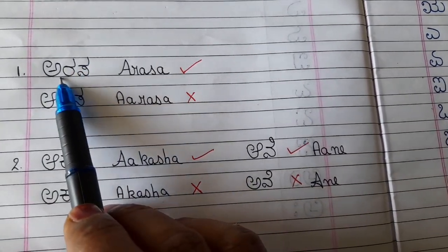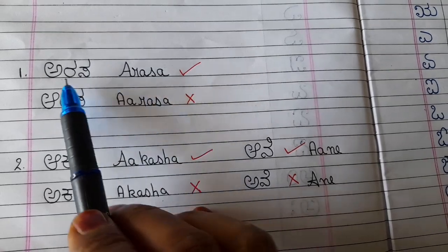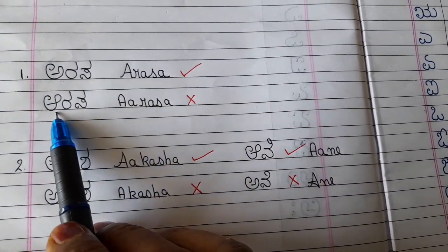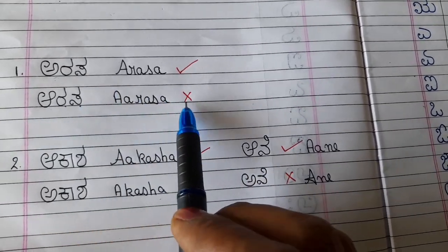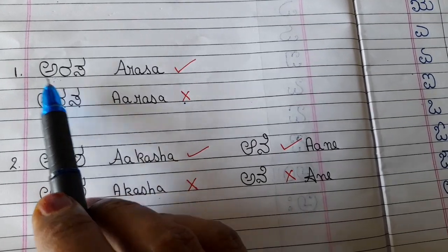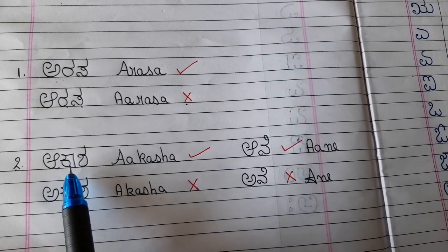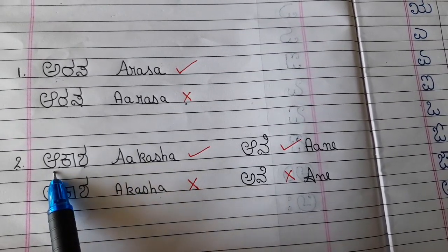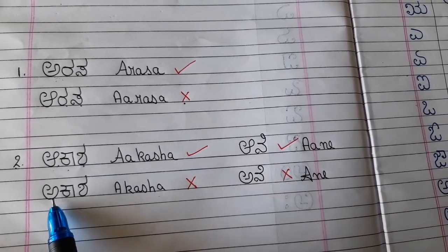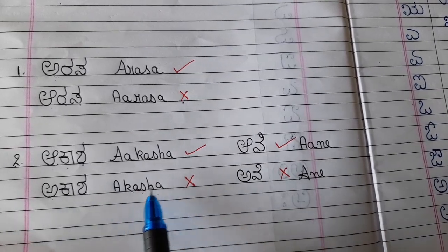Here is a word arasa. It is read as arasa. If you write it as arasa with the other a, then it is wrong. So you should know the difference between the two a's. See here one more example. Akasha. If you write it with the wrong a, then it is wrong.